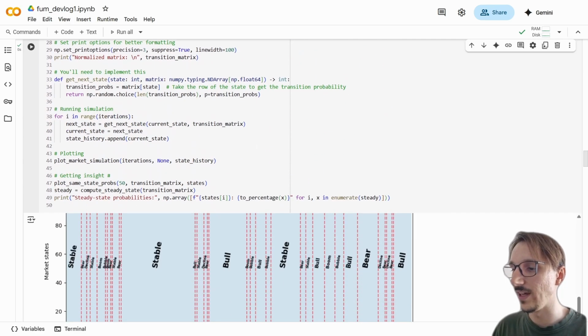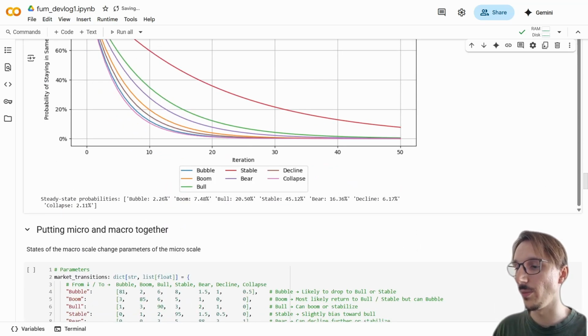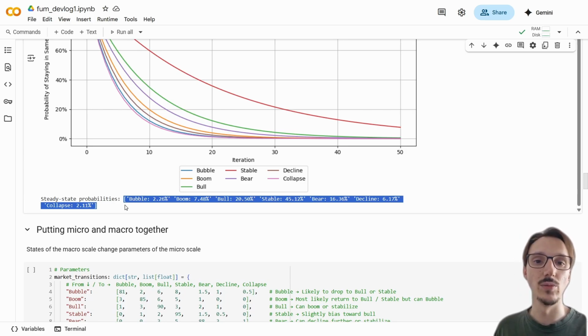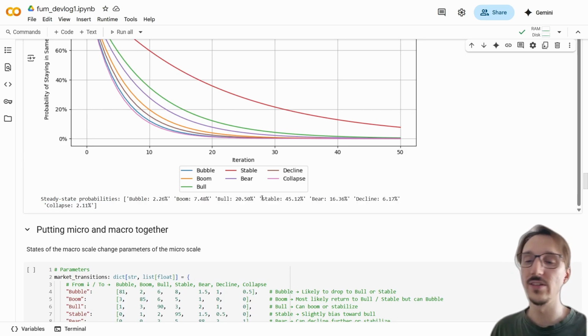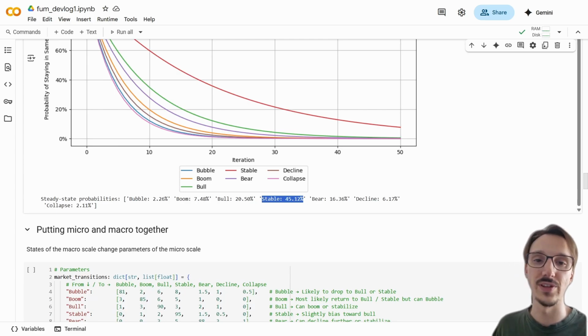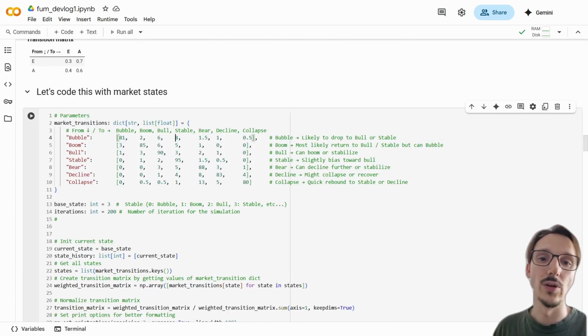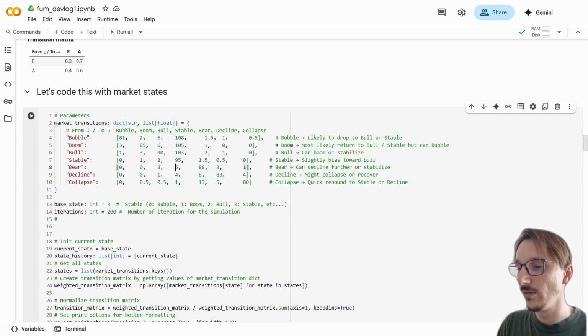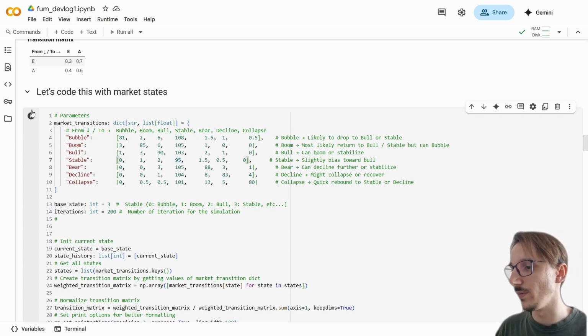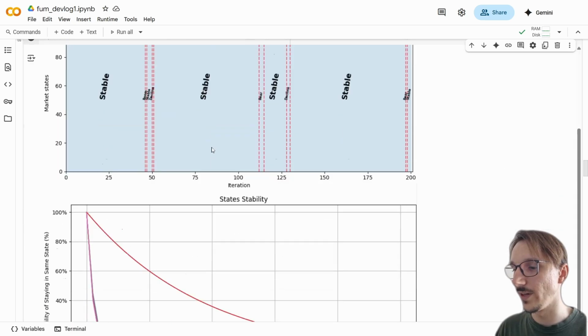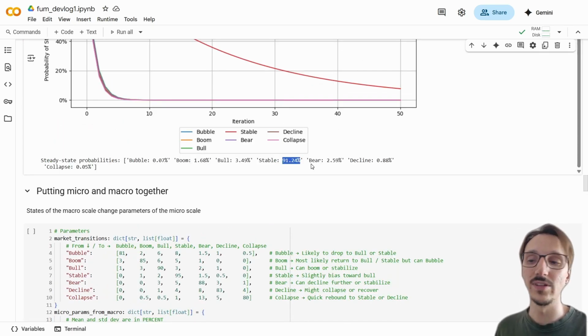And the last insight that I wanted to talk about is the steady state, which tells you on average how much time a state will be present. And you can see that the stable state, for example, will stay around 45% of the time in total. So if we change the matrix and make every state go to stable, for example, if I put 100 every time, you can see that the stable state will be present 91% of the time.